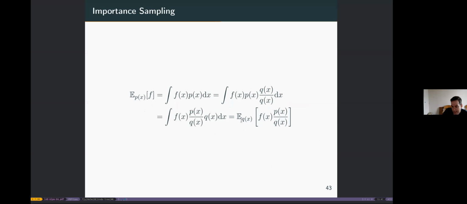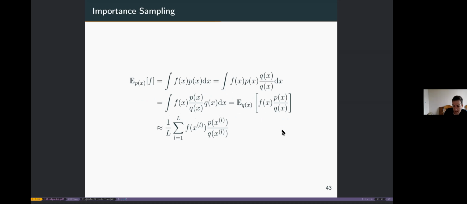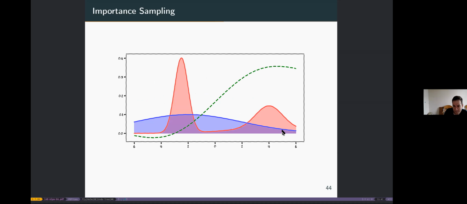If I take this expectation and convert it to a sum, I first draw a sample from Q and then evaluate F there. Then I have a relevance value, which, if Q is much larger than P, should be downscaled, and if the other way around, it should be upscaled. So it's just simply something like this.